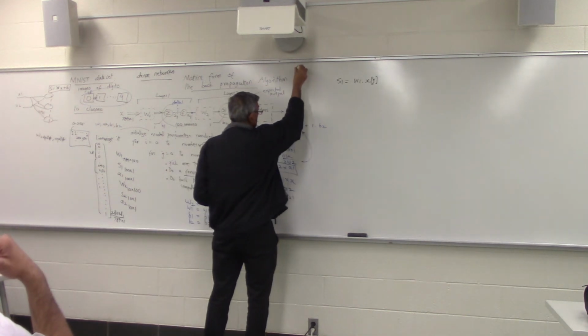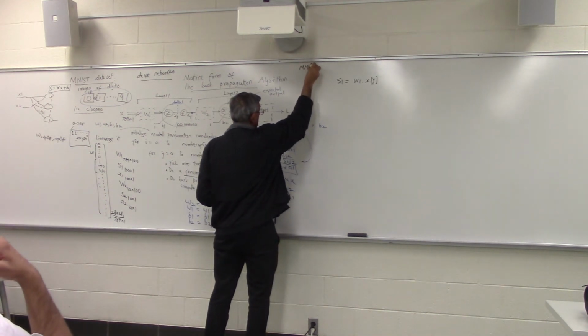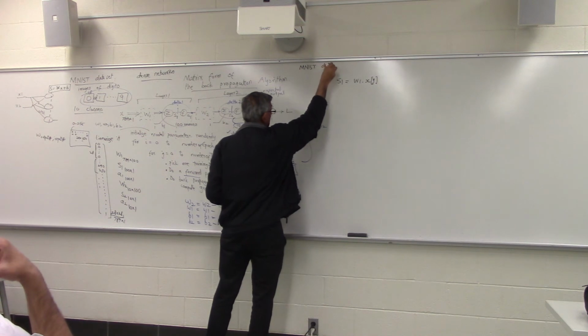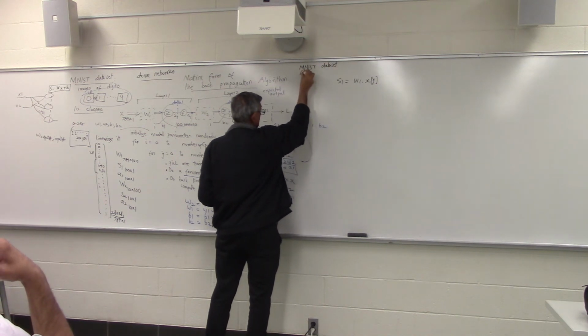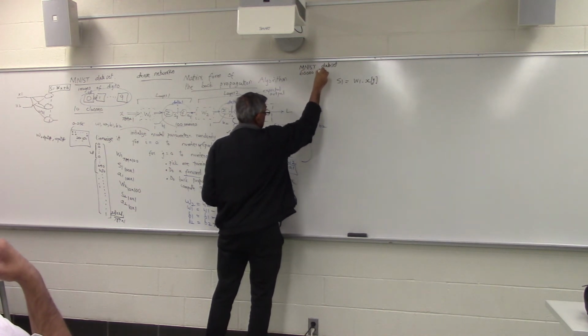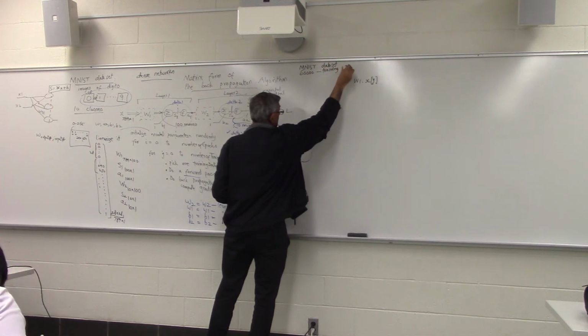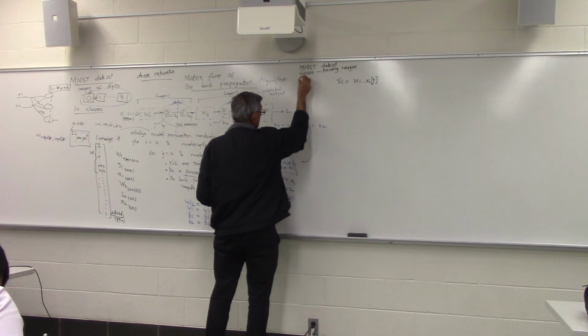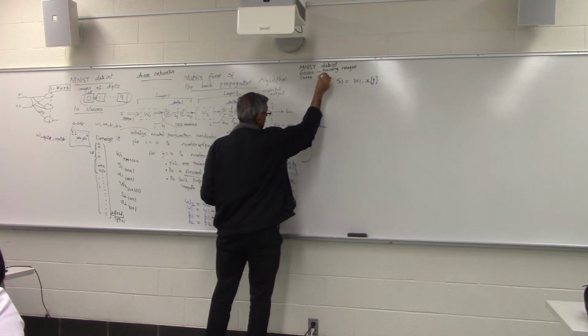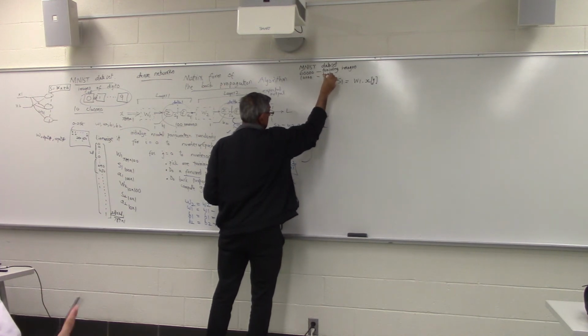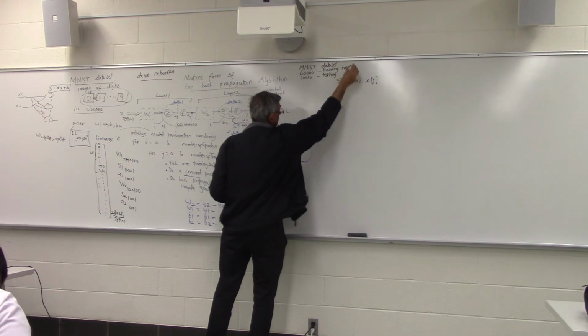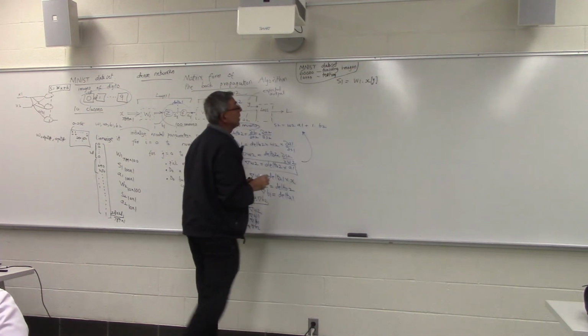In the MNIST data set, we have 60,000 images for training, and they provide 10,000 images for testing. First we are focusing on just the training, so don't worry about the test so far.